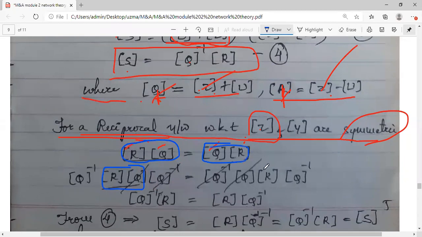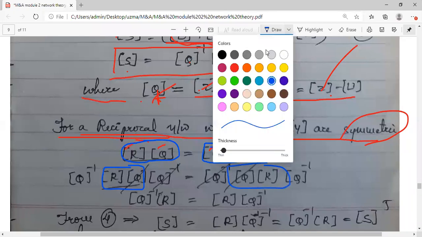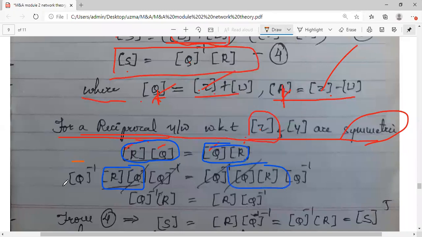This QR also, I have kept at the center. Before and after, I am multiplying with Q inverse on both sides: Q inverse, Q inverse. Starting at the end, before this and after this. It doesn't make a difference, because anyway they get cancelled at the end.